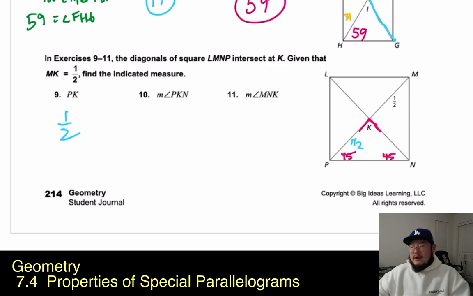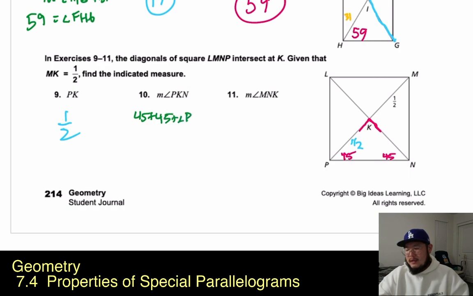So that's something I could figure out as well. Knowing that we have ourselves a triangle right there, well, the interior angles of a triangle add up to 180. So 45 plus 45 plus that missing angle that we need, PKN, all that's equal to 180.